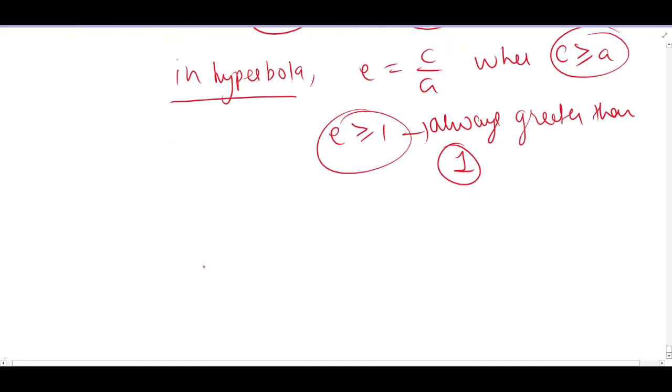So consider a hyperbola with conjugate axis, and this is the transverse axis.